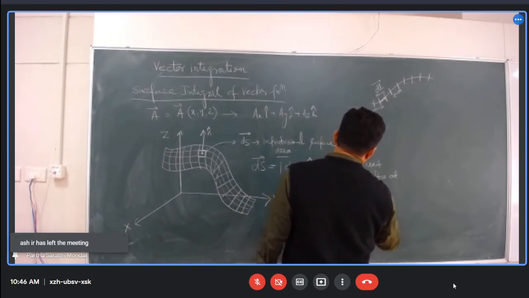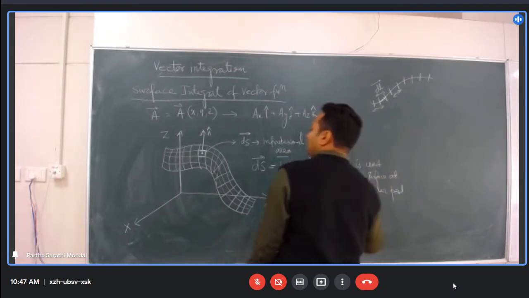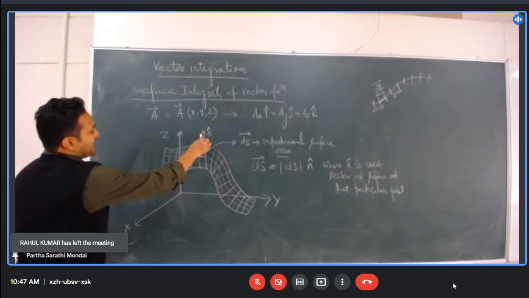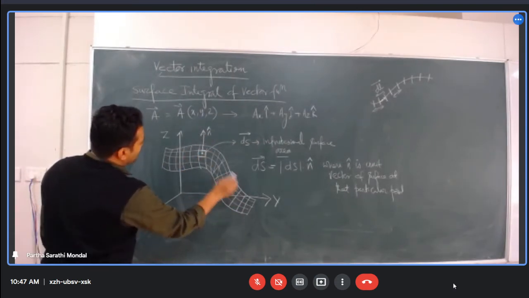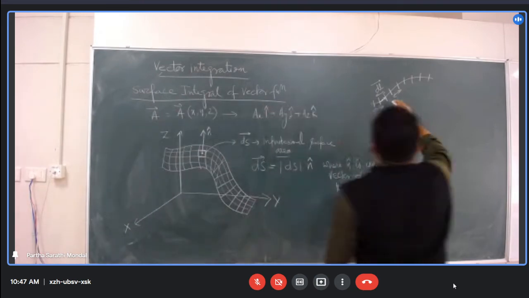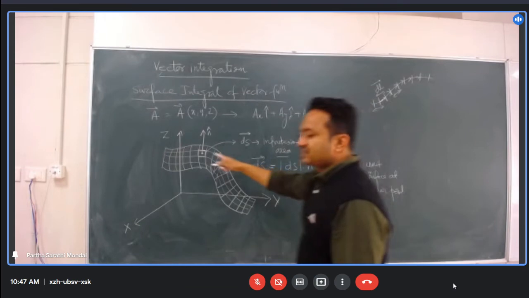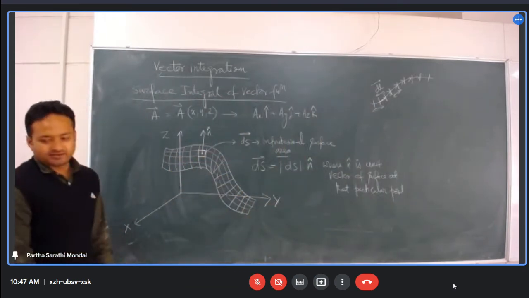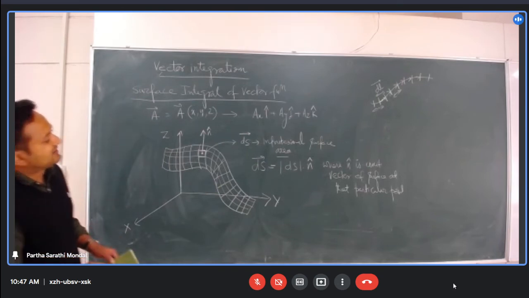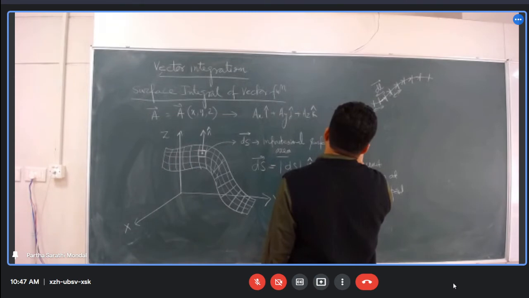So see, at each point n is changing. जैसे यहाँ पे आपका dl का डायरेक्शन डिफरेंट पॉइंट में डिफरेंट है, सिमिलरली ds का भी जो यूनिट वेक्टर है it will be different in different directions. Okay, so the crux is that ds is a vector quantity.